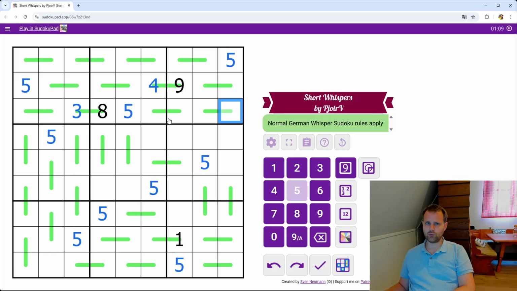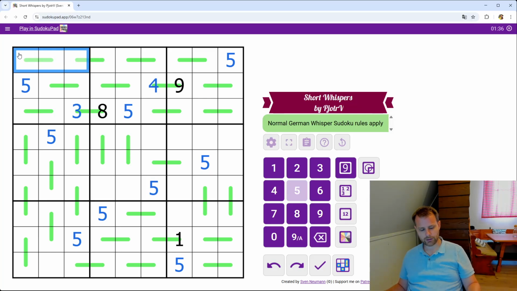Yeah, so where can the 4-9 go? In this row, the 4-9 can't be there, it can't be there, it could be there.